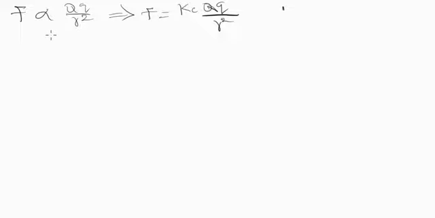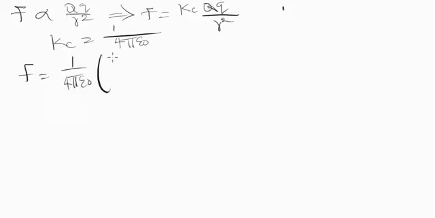So let's recall that we have the Coulomb's constant to be 1 over 4 pi epsilon naught. Now with this, we can simply state F to be 1 over 4 pi epsilon naught times the product of the charges over R squared.